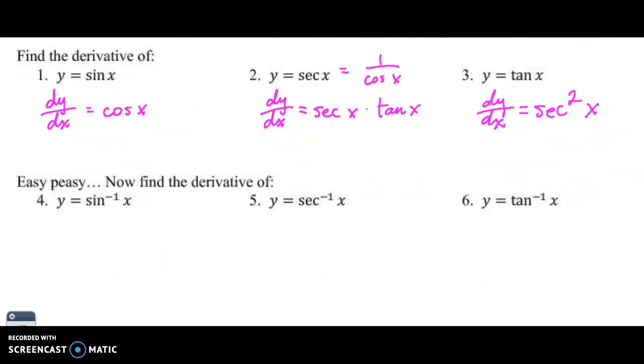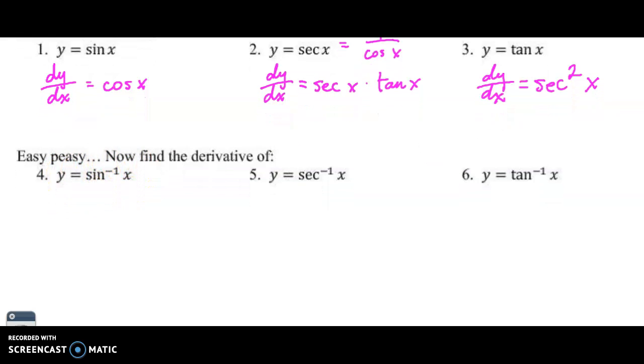But the reason why I bring that to your attention is because then we can find the derivative of y with respect to x of inverse sine. What I'm trying to get at is that instead of memorizing these rules, which some people do, what they'll do is solve for x and then do implicit differentiation.